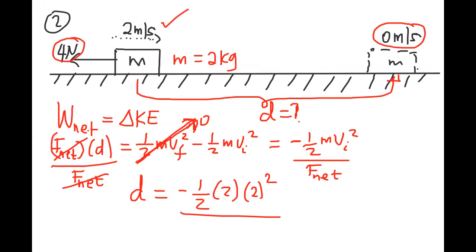So the net force is just 4 newtons, but since it's acting in the negative x direction, we put -4 here. If you do your mathematics, you should get -1 meters. Oh, sorry, plus, because minus divided by minus is plus. So +1 meter. That will be the distance traveled by the crate.